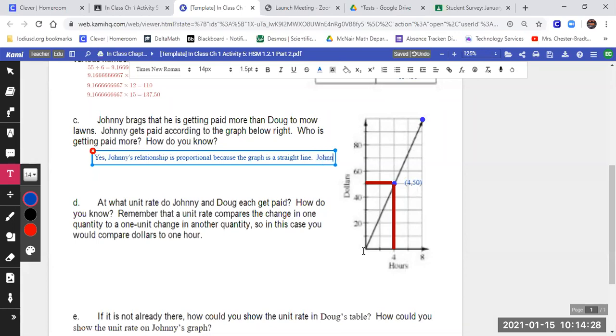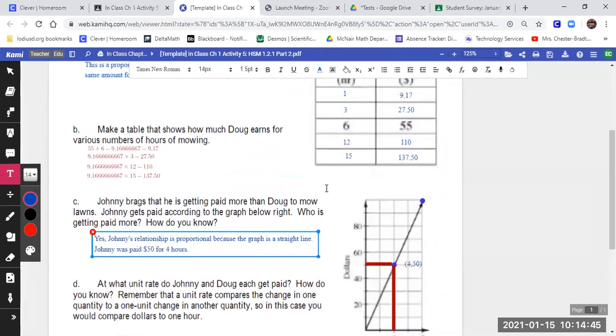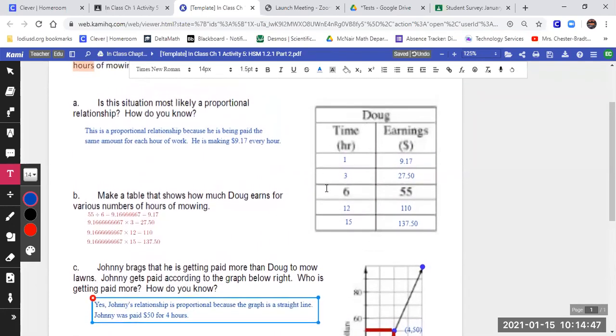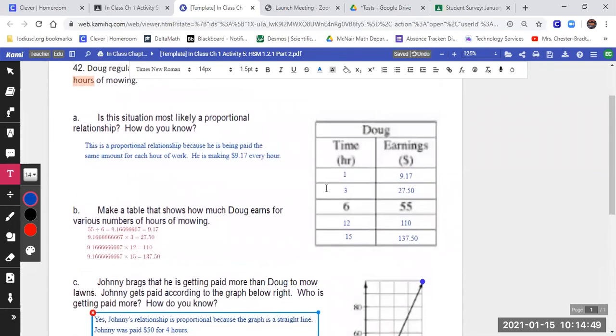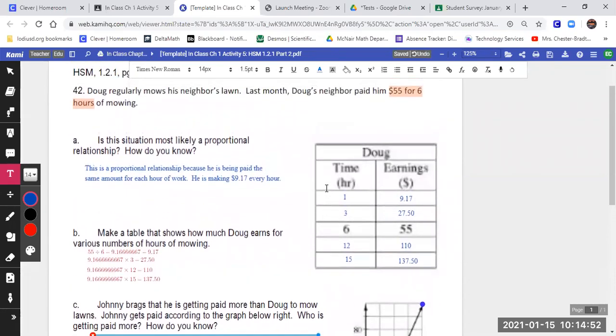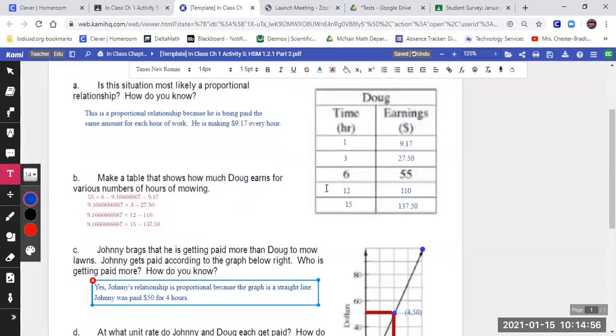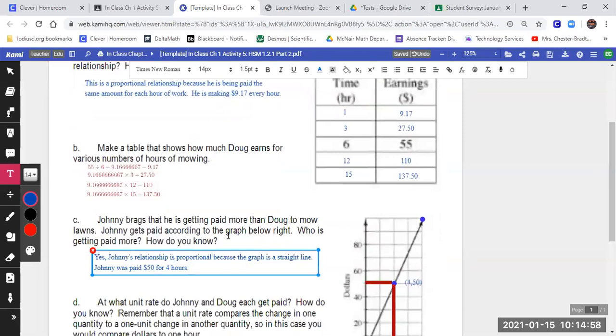So Johnny was paid $50 for, one moment, I'm going to move this down, for 4 hours. Now, we look again. What was Doug paid? 55 for 6 hours, right? And Johnny's getting paid 50 for 4 hours.